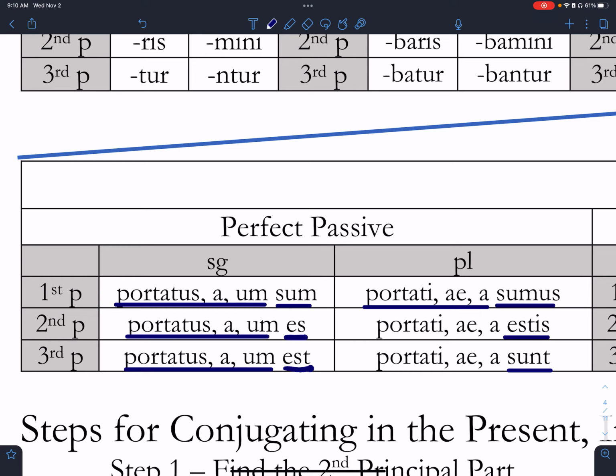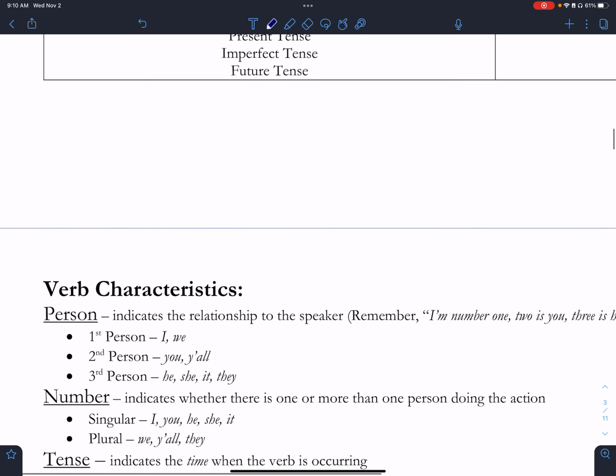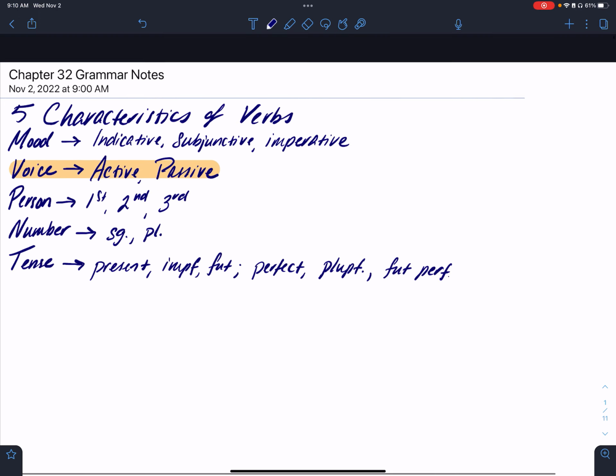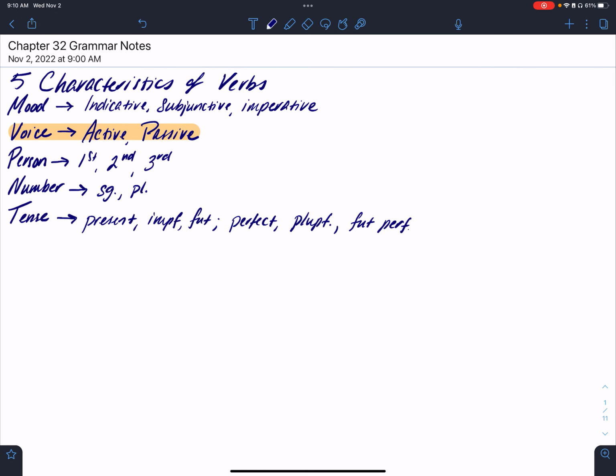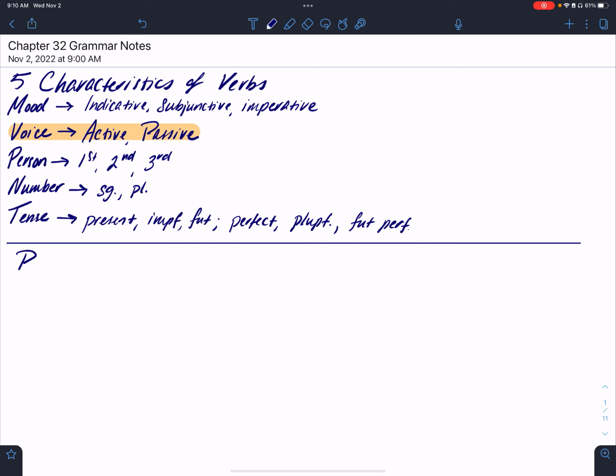Does that make sense? Do you need to write that down as a way to conjugate that? All right, so let's put that into words up here. The perfect passive.